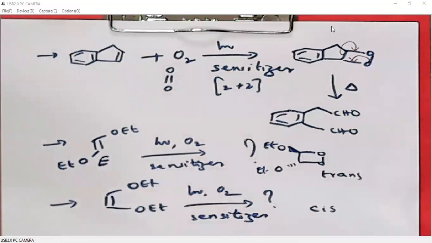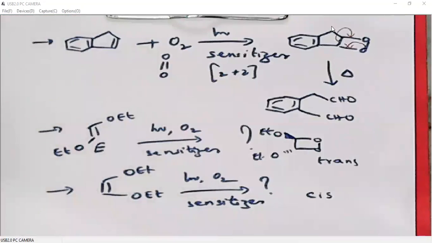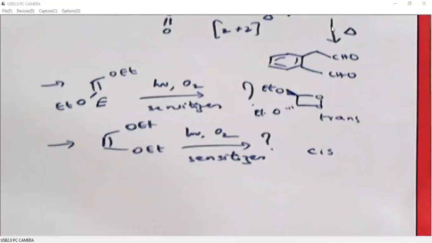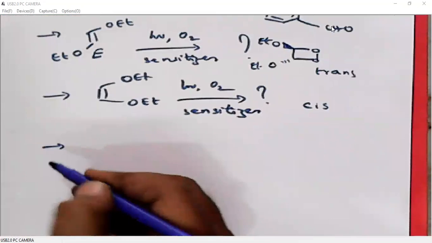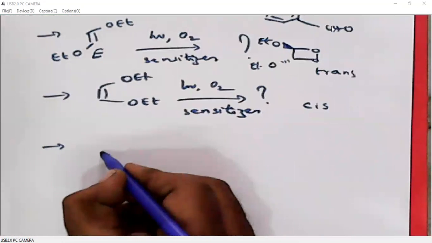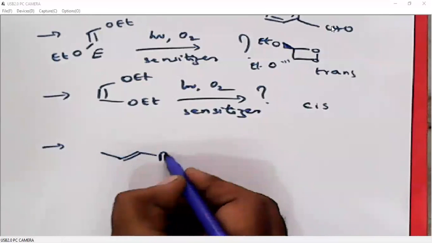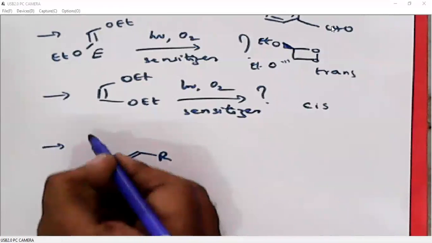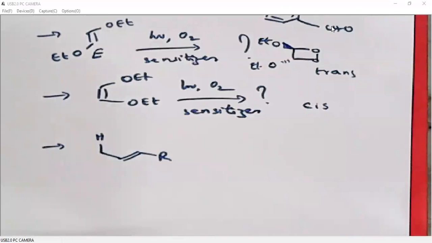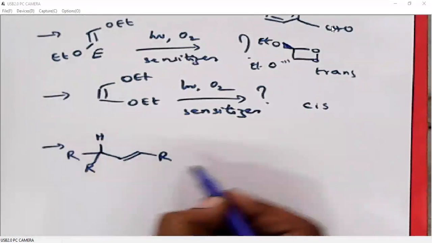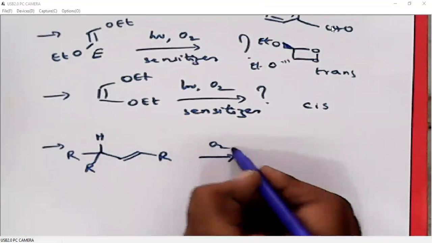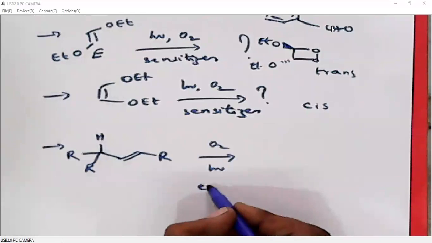So we have learned Diels-Alder reactions and 2+2 cycloadditions with oxygen under photochemical conditions. Not only these two pericyclic reactions, it is also possible to have an ene reaction. When allylic hydrogen is available, then oxygen under photochemical conditions will undergo an ene reaction.